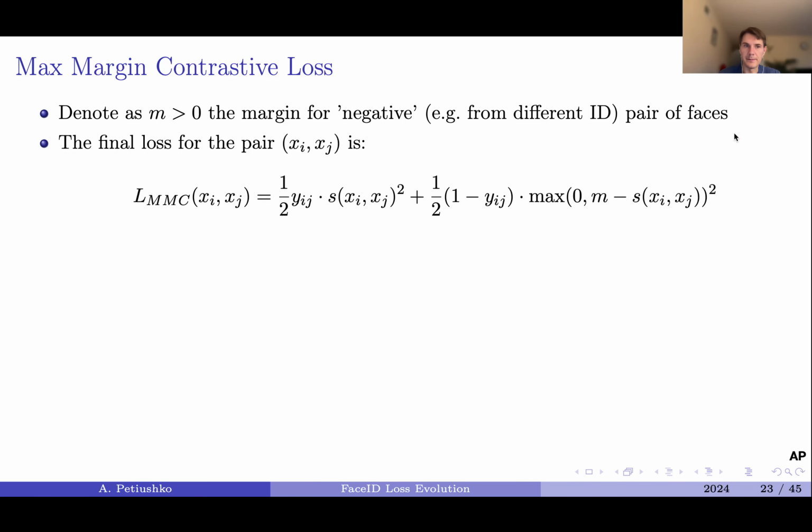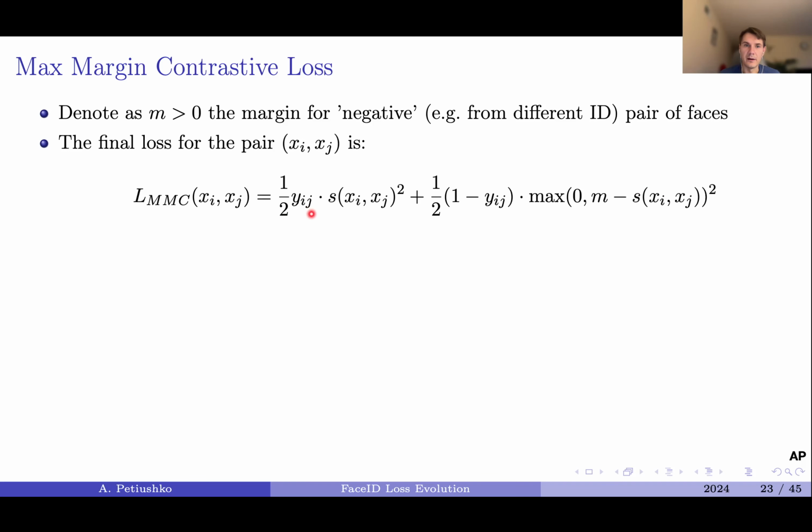The final loss for the pair xi xj, L_MMC of xi xj, is 1/2 times yij multiplied by s(xi, xj) squared, plus 1/2 multiplied by (1 minus yij) multiplied by the maximum of 0 and m minus s(xi, xj), again squared.